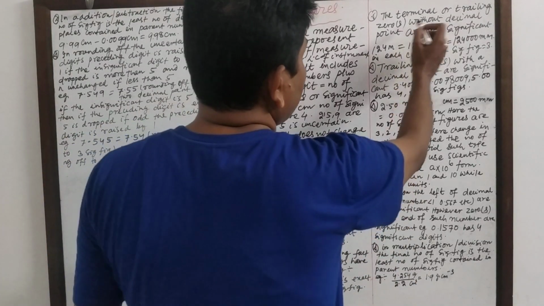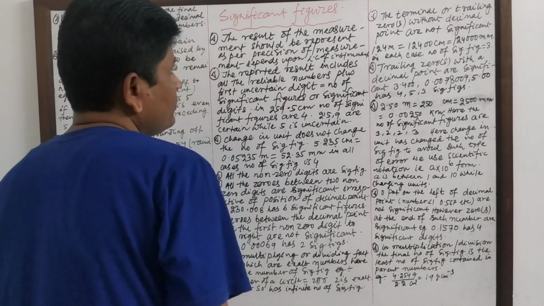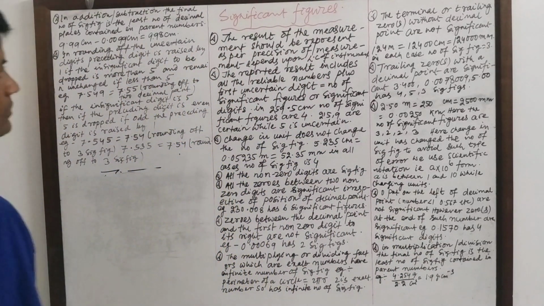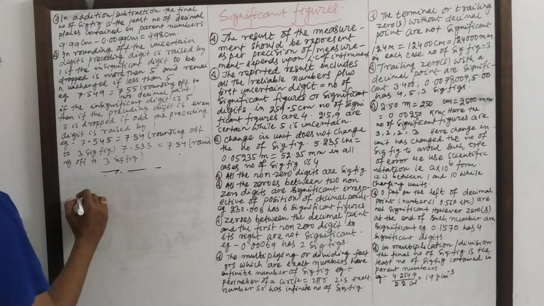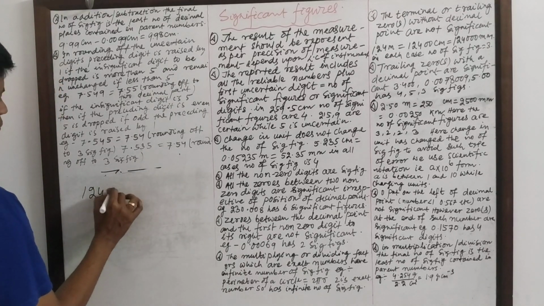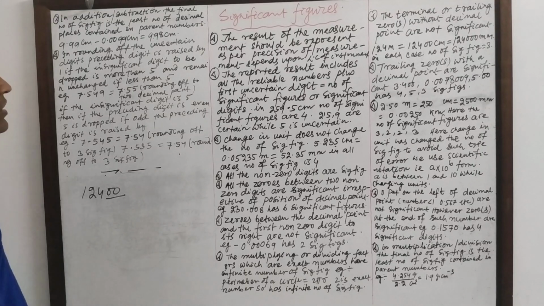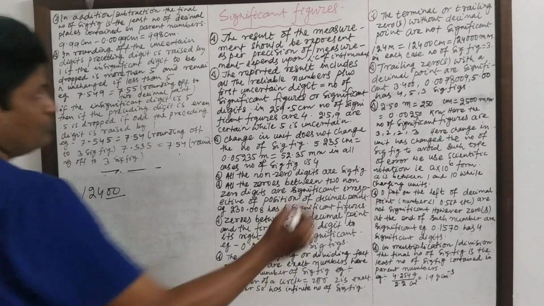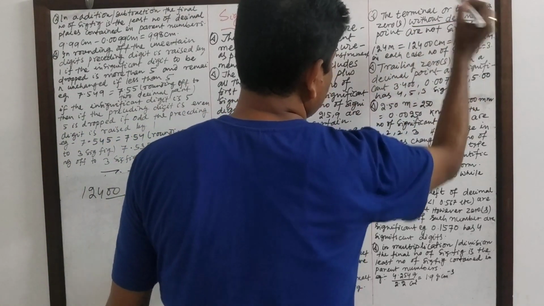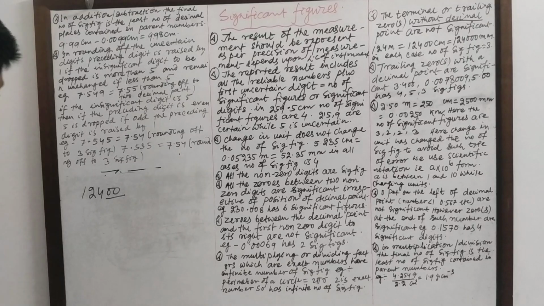Now come the terminal or trailing zeros without the decimal point; they are not significant. The terminal zeros in the case of 12400, the terminal zeros without the decimal point, remember that this is without the decimal point, are not significant.